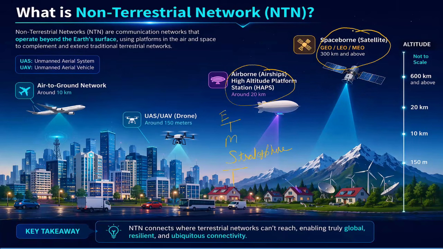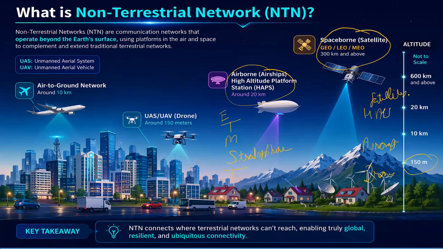If you look at the scale on the right, you can clearly see how each layer is positioned. Around 150 meters, we have drones. Around 10 kilometers, we have aircraft. At 20 kilometers, we have HAPS, high altitude platform station. And beyond that, we have satellites around 300 kilometers, right?